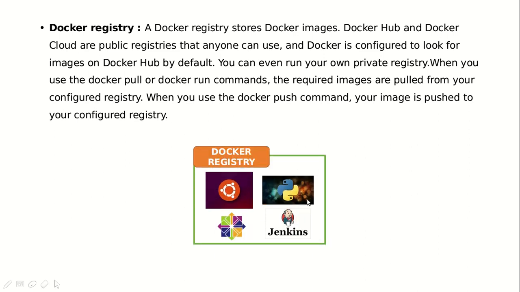Docker Hub will contain all the images, and we can start downloading them. You can also create your own repository and start pushing your own custom images. In later classes we will see how you can create your own custom images and push them to Docker Hub.